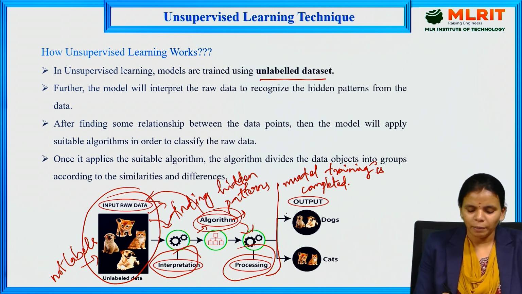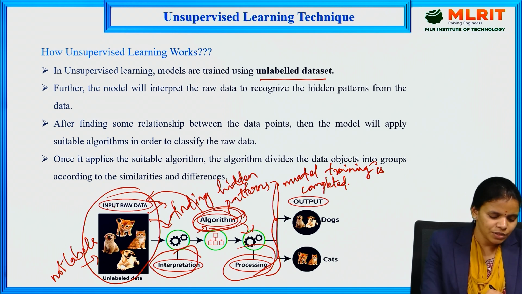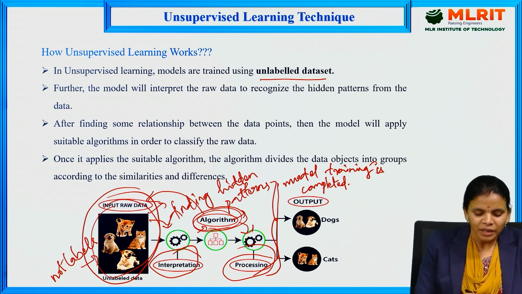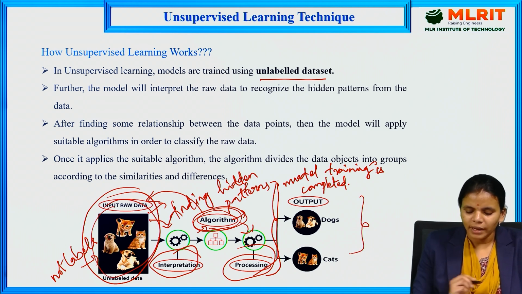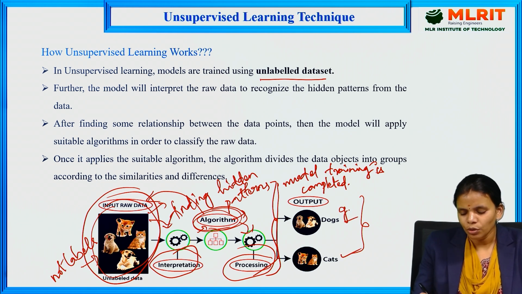After choosing an appropriate algorithm on this input raw data, it gives the output as 2 clusters, which means 2 groups.